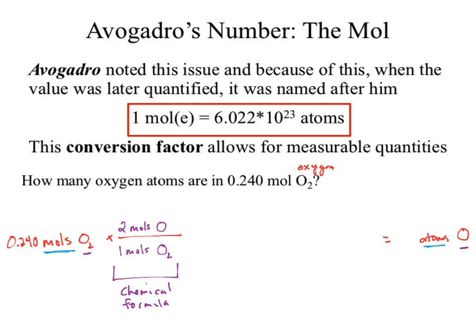What is a mole? Define a mole, because in this case we aren't using mole as a conversion factor. So that mole value there is like saying 6.022 times 10 to the 23rd.